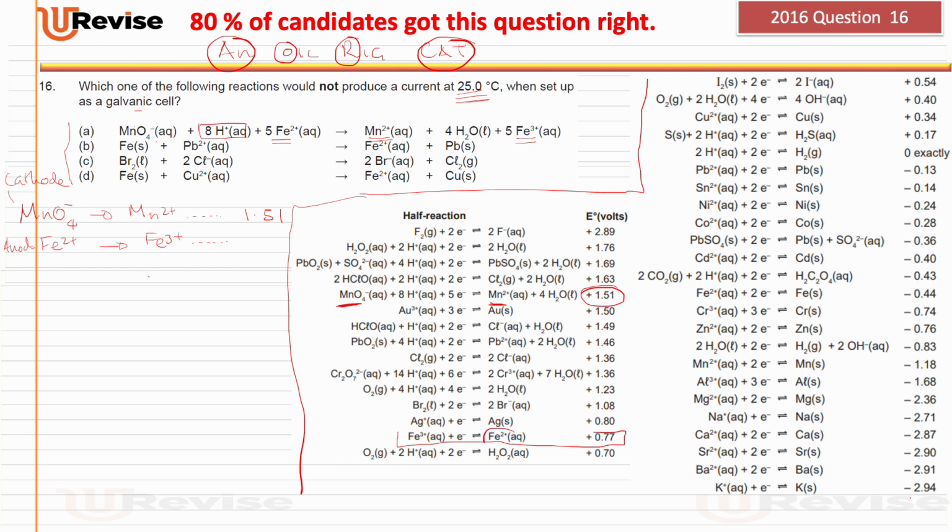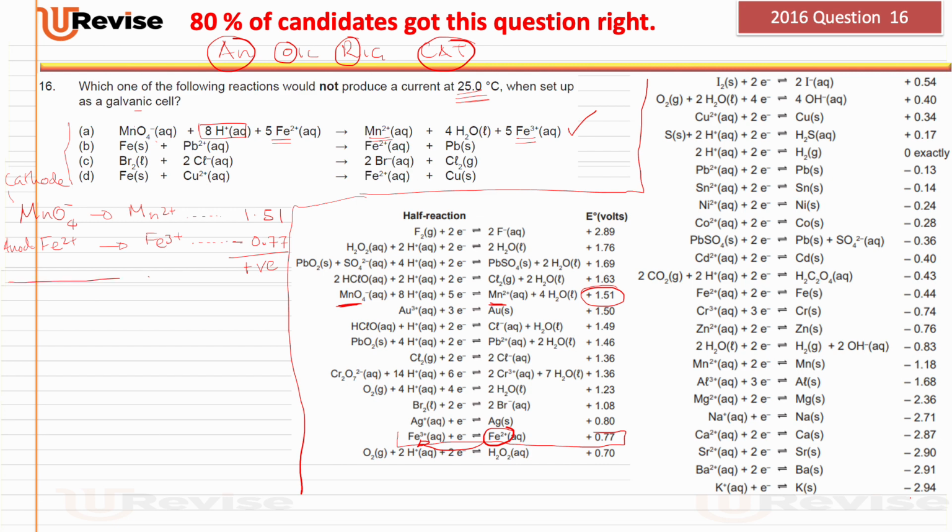Because we're going from iron 2 to iron 3, and iron 3 is a product in this instance. So we have to reverse our electrode potential to make it minus 0.77. If I add this to 1.51, take away 0.77, I am going to get a positive electrode potential, which means this reaction, yes, it will produce a current.